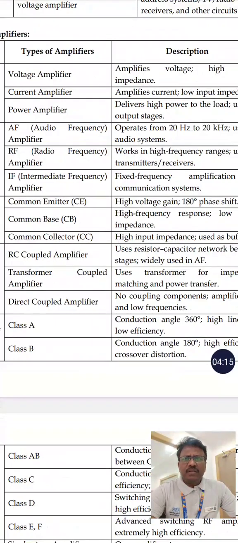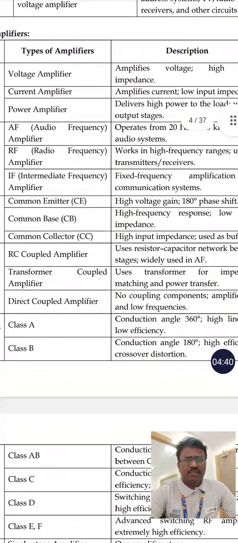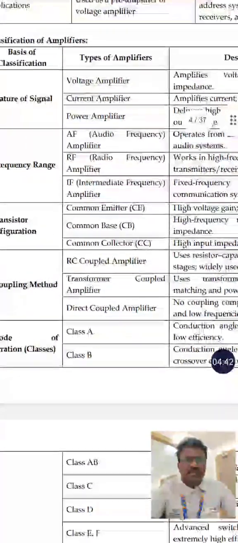Since we know that power is equal to voltage into current, a power amplifier increases both so that high power is delivered to the load. So this is usually the last stage of an amplifier system. It is used in audio systems, public address system, radio transmitter. Okay, so these are the main categories of amplifiers.